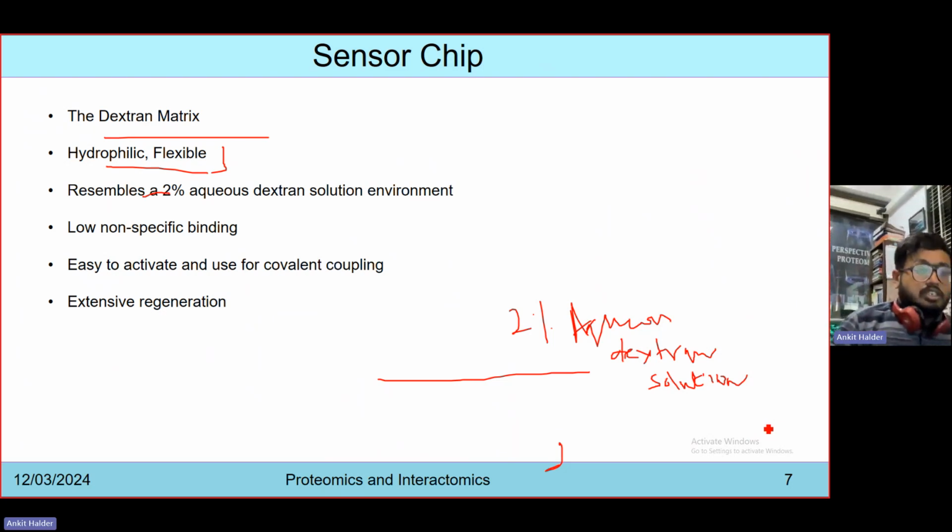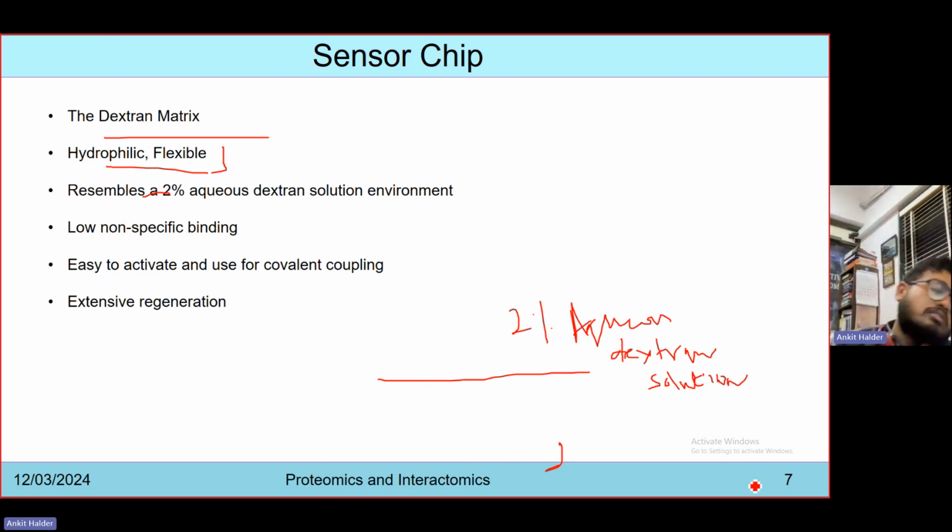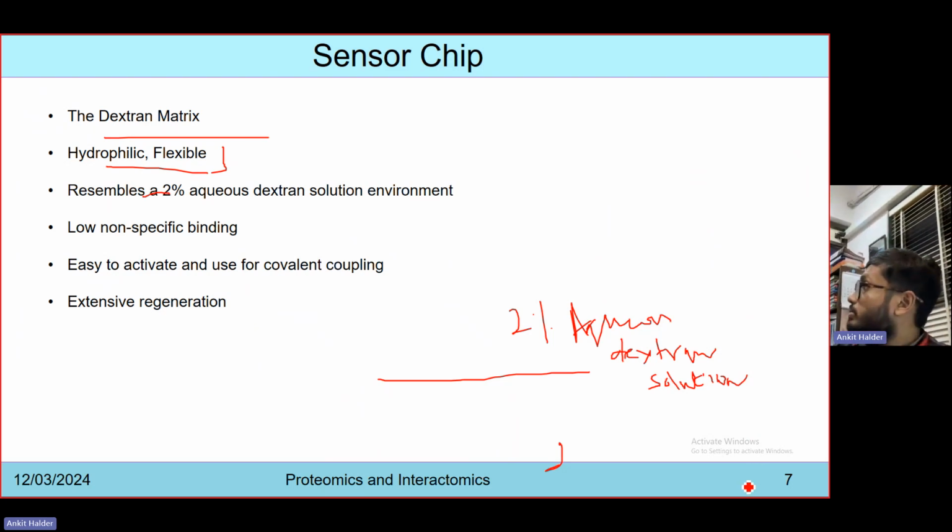The major advantage, which we have said, is that it possesses very high stability.